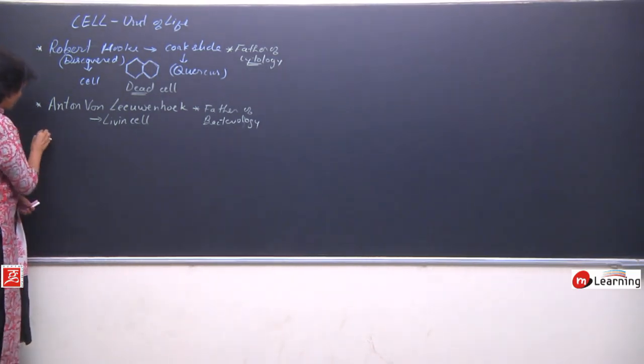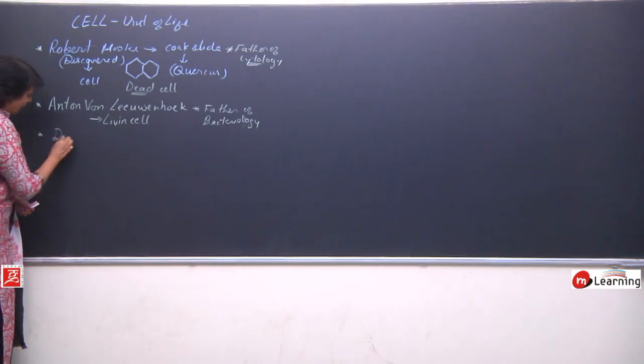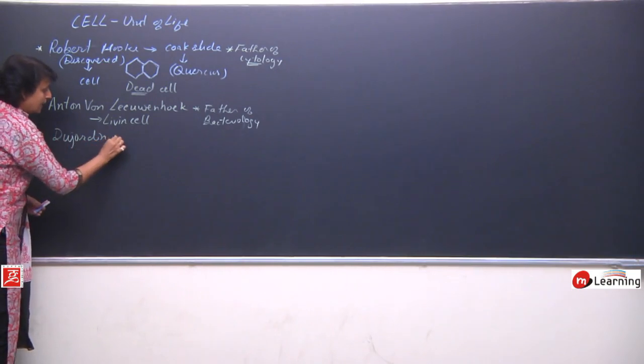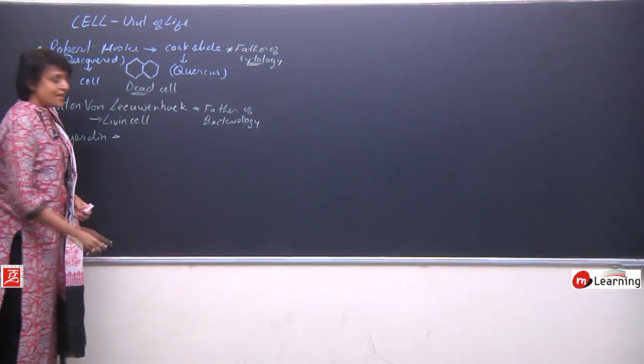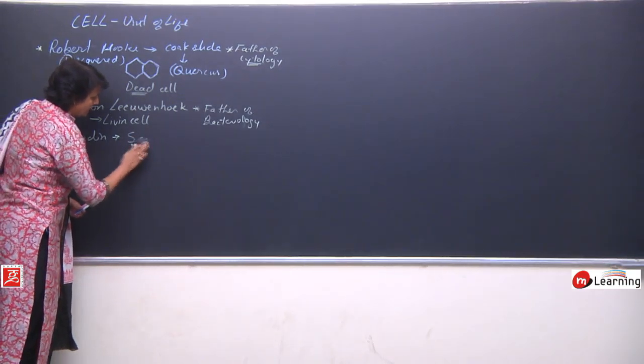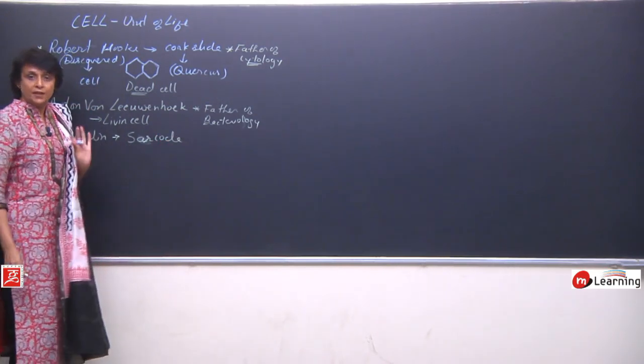Now let us talk about few more scientists. Another scientist was Dujardin. He observed a fluid-like material in the cell which he called sarcode, which was the fluid-like material.